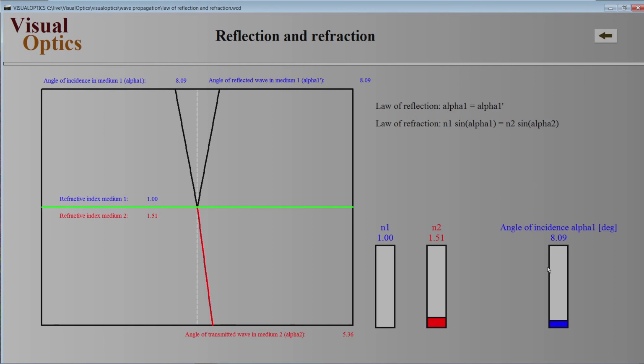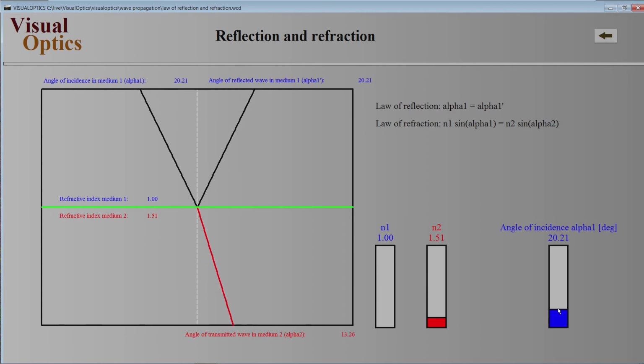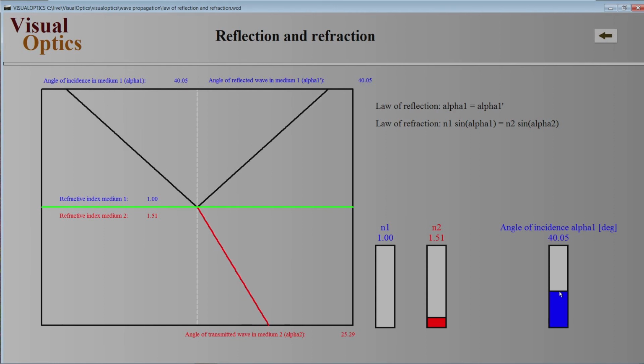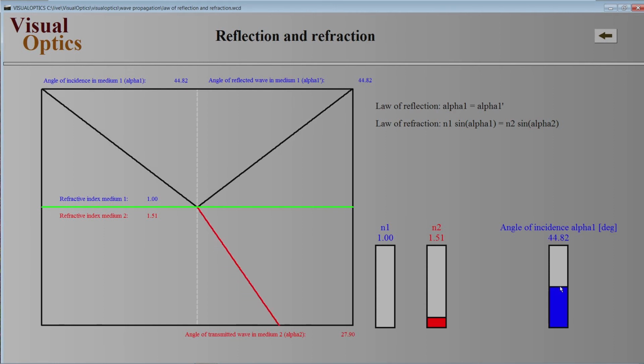If we go to larger angles, let's go to 45 degrees, the deviation between the angle here in medium 2 and the angles in medium 1 gets much bigger. Still, there's only one reflected direction. That's very important. So there's one incident beam, there is one reflected beam, and one transmitted beam.